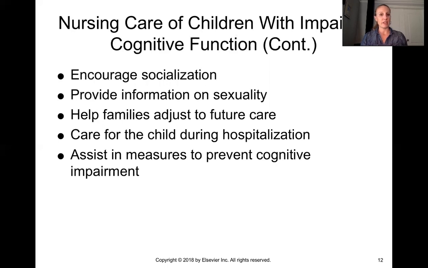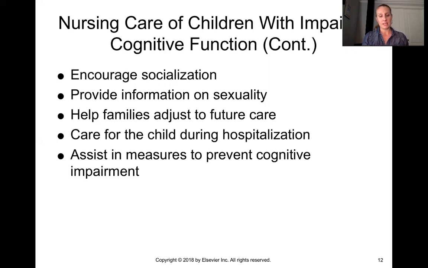So some of the areas that we want to focus on, not only for ourselves in the hospital situation, but also, again, for the education of the parents, is encouraging that socialization. It's important that these kids have similar opportunities to socialize with their peers. And it can be similar peers of cognitively impaired children and peers of similar age who are not cognitively impaired.